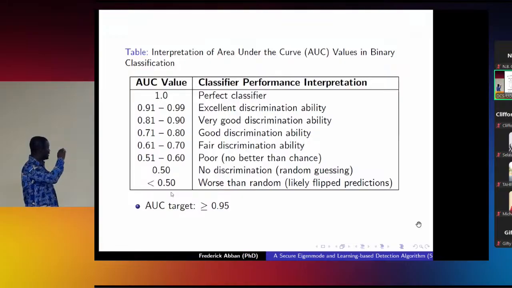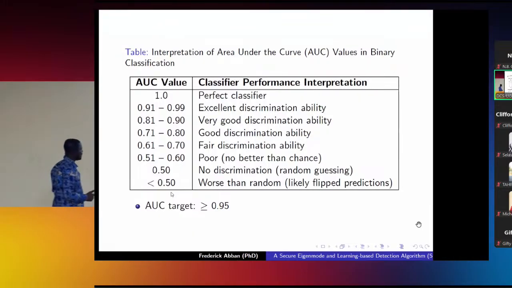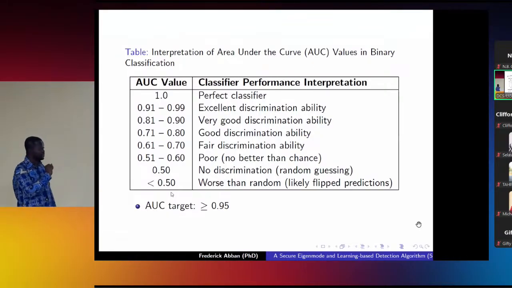From 0.91 and above is something that we're interested in. And then it goes down, down, down. But I want us to look at 0.5 and less than 0.5. When you have 0.5, there's no discrimination. And less than 0.5 is worse than random. And those are areas we did not want to go to.